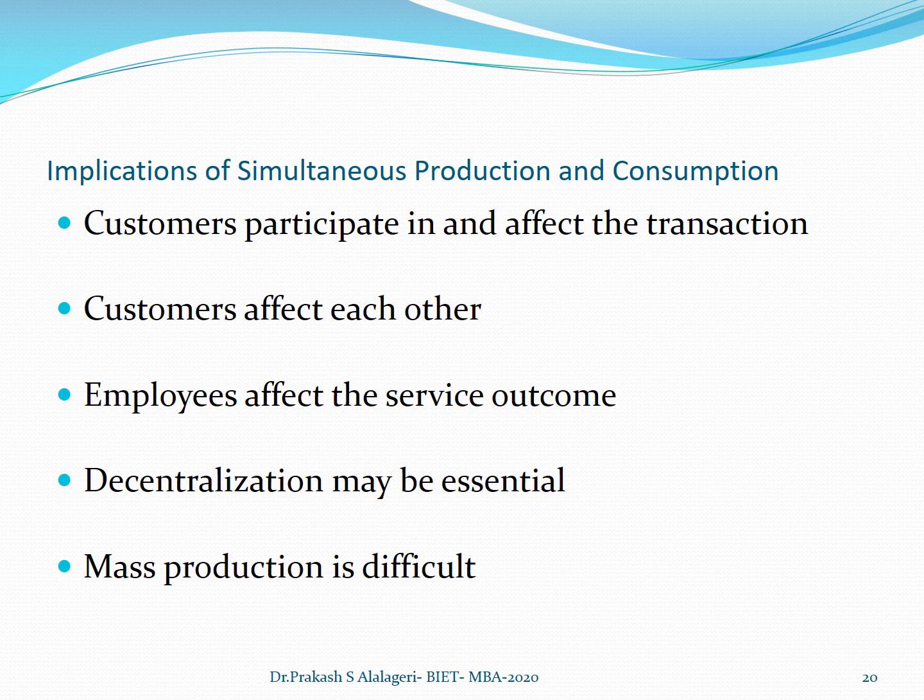If I want to cater to a particular location, I cannot bring the customers there by traveling. Customers cannot travel 10-15 kilometers to a bank. That's why you find 3-4 branches in one city, and 2-3 ATMs in a particular location. Decentralization is essential here, unlike a product that I can manufacture and send. Mass production is really difficult because I cannot store services.